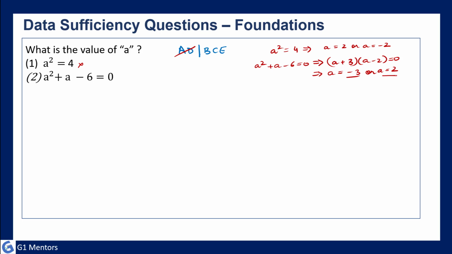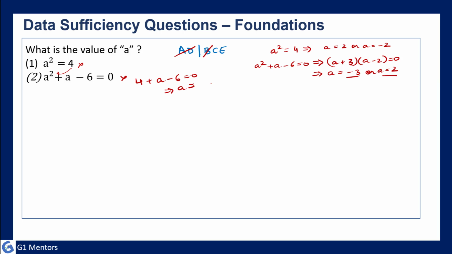It does not give me a unique answer either, so statement 2 alone is also not sufficient. So I cancel B and need to take both the statements together. I substitute a square equal to 4 in this, so with both statements together I get 4 plus a minus 6 is equal to 0.